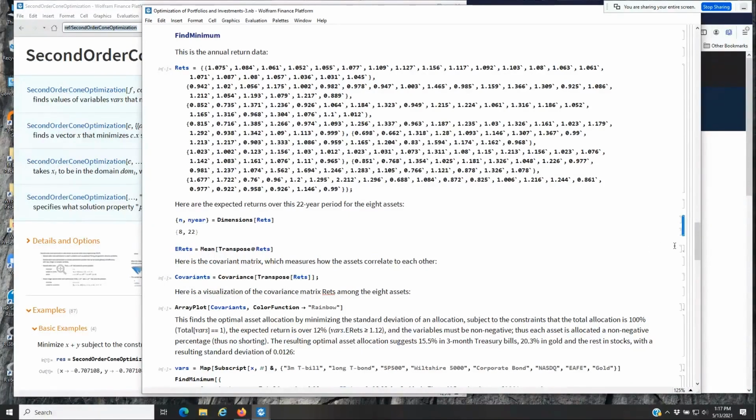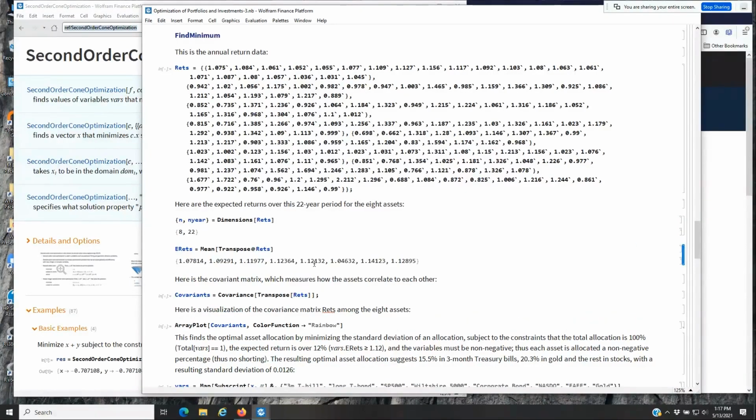Now, I can get the expected returns from this. Again, taking the transpose converts these rows back to columns associated with each of the 8 instruments. And so I'm going to get the expected returns for our 8 instruments here.